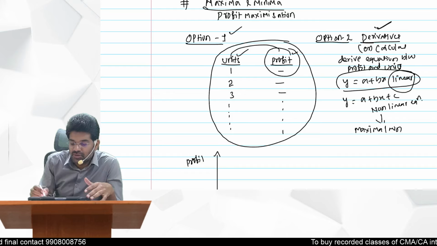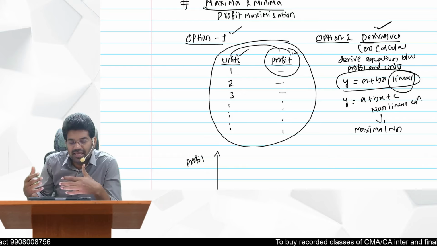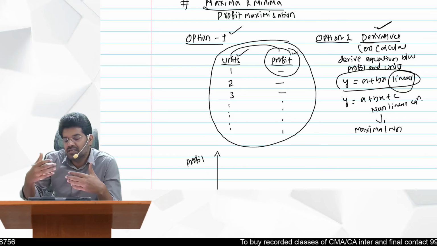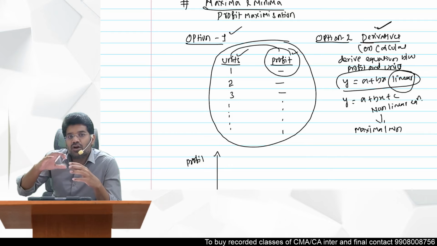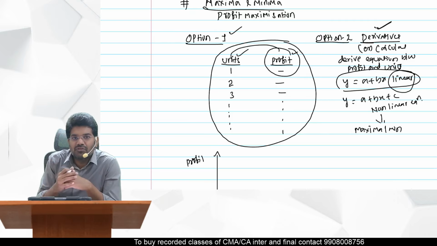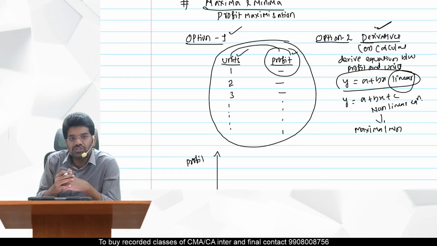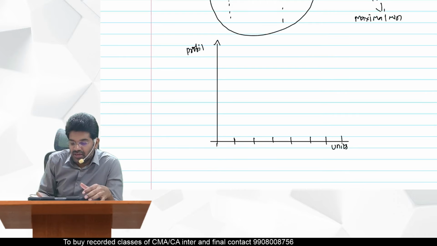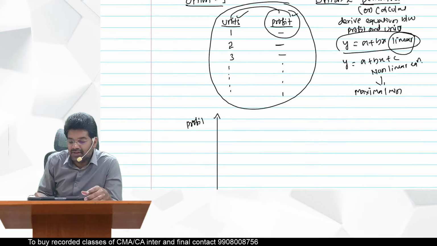The relationship, the profit whatever I am getting here, is non-linear. That means our profit is not going to vary exactly according to the number of units, not in the same proportion. So that is the reason we require derivatives.